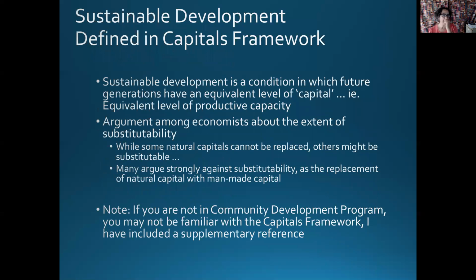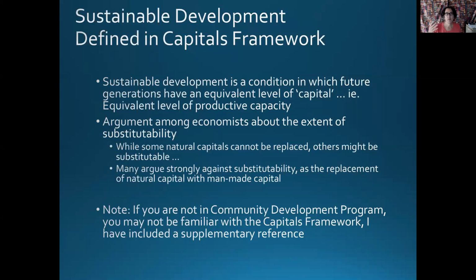So in that capitals framework, which I was talking about, where the definition of capital has gone into the capitals framework, sustainable development is a condition in which future generations have an equivalent level of capital, an equivalent level of productive capacity.